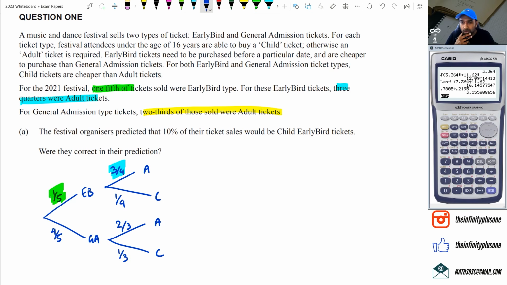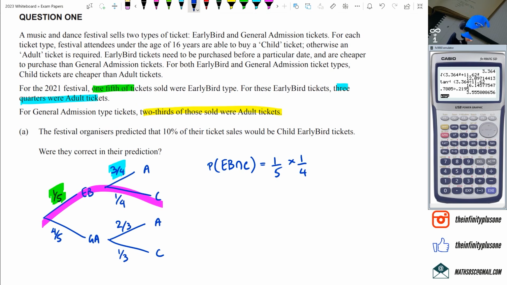I always recommend drawing a tree diagram. It just makes it a lot easier to work through these types of questions. So our first question is, it was predicted that 10% would be child early birds. So we are looking at this branch here. Probability of early bird and child is equal to 1/5 times a quarter.